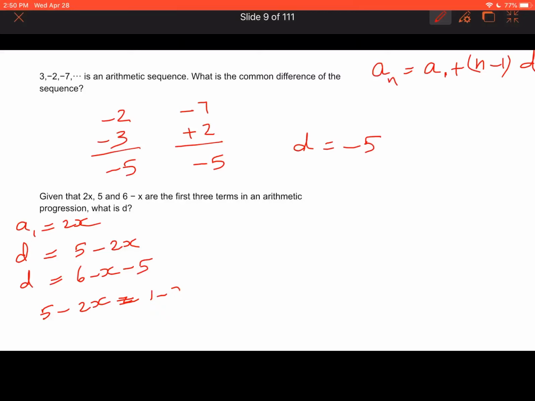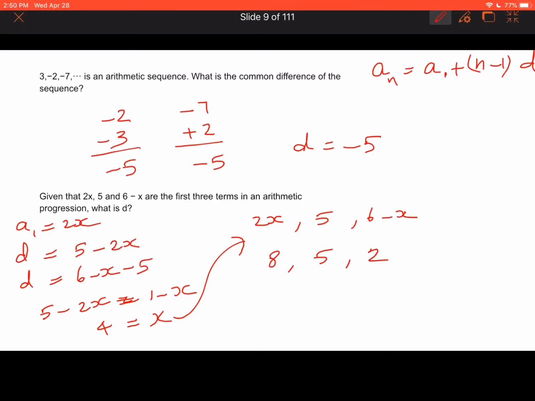which is 1 minus x, right? So we bring the x's and the numbers to the same side, so it is going to be 4 equals x. Value of x is 4. Now we substitute the value in the given sequence, that is 2x, 5, 6 minus x, so it will become 8, 5 and 2.